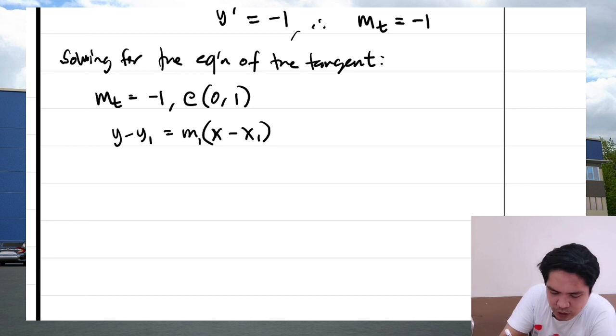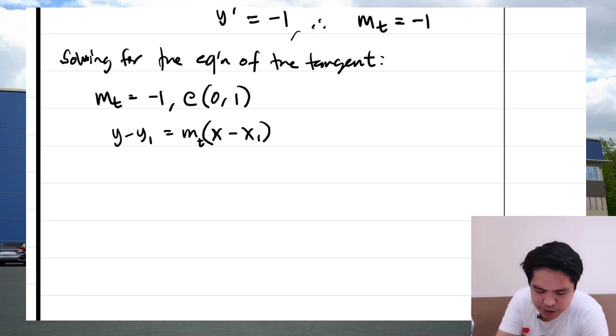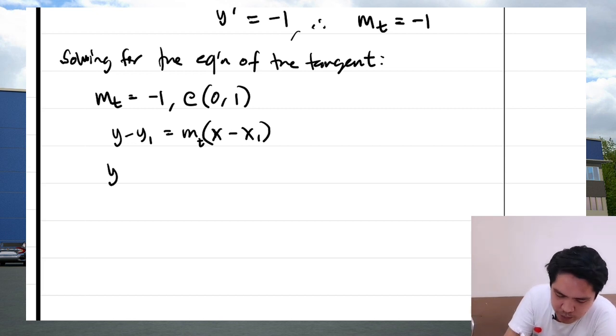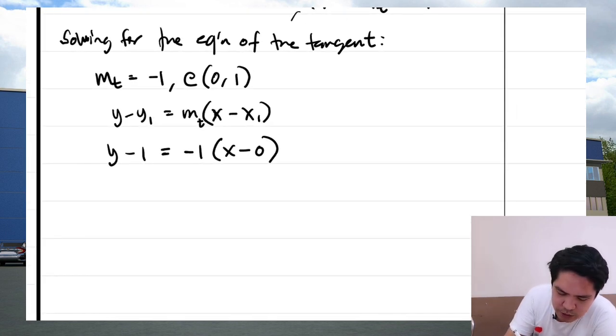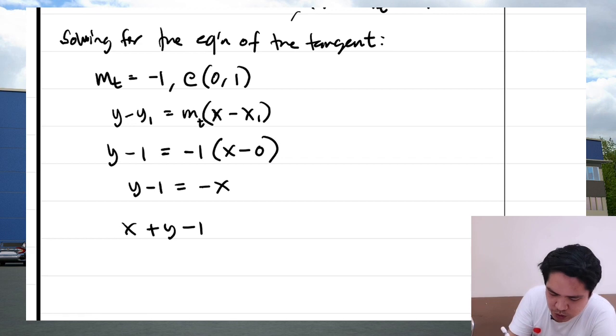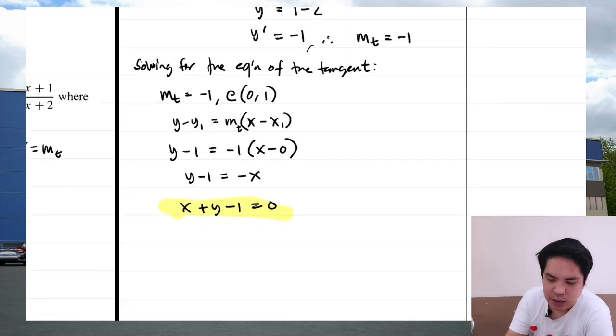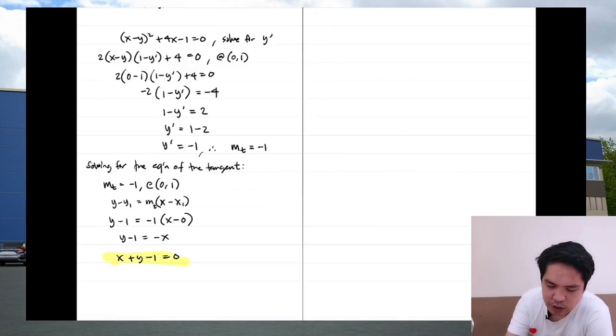We'll have mt, because that's the slope of the tangent. So, we'll have y minus 1, that's equal to negative 1 times x minus 0. Okay, so we'll have y minus 1 equal to negative x. So we have x plus y minus 1 equal to 0. This is the general equation of the tangent. It just so happens that there is only one tangent.